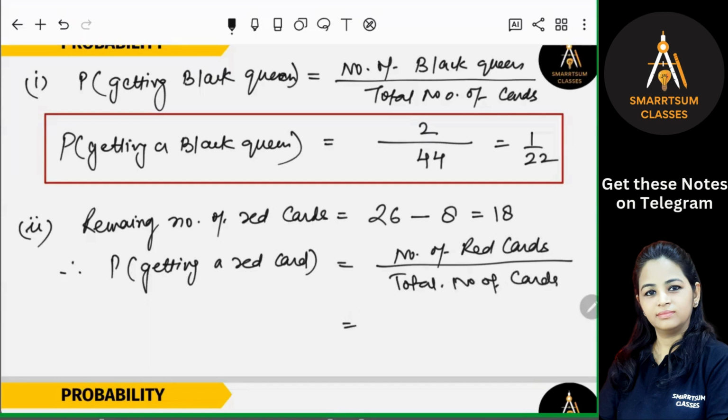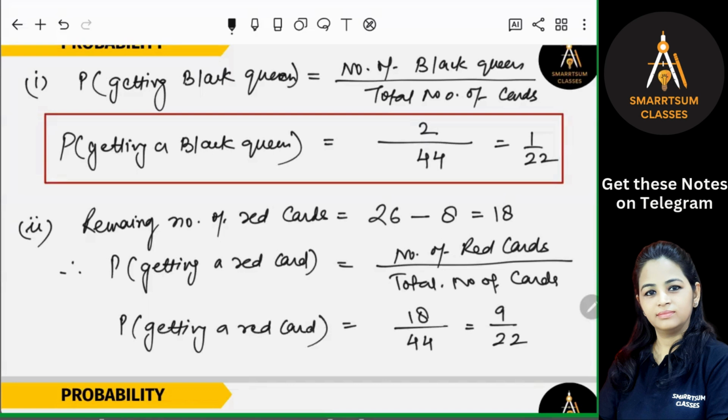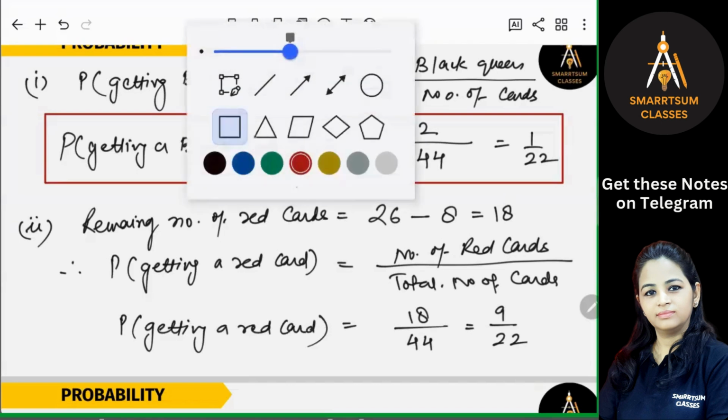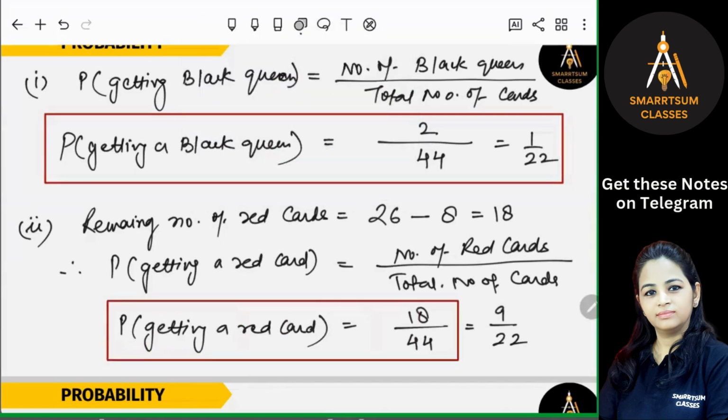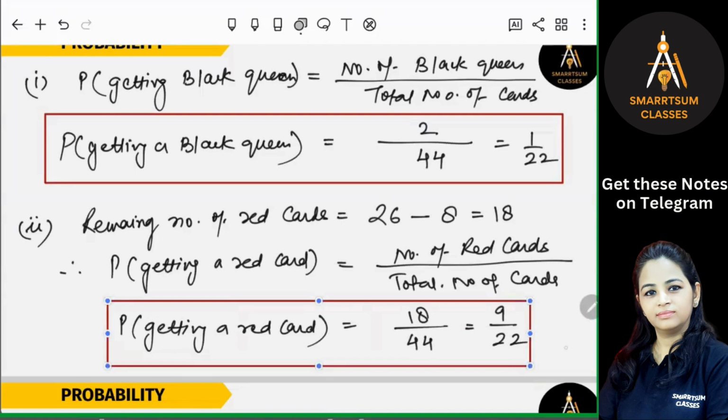So the number of red cards is 18 now, and the total number of cards in the deck is 44. So this is 18 upon 44. You can divide this by 2. So this is 9 upon 22. So the probability of getting a red card when you are drawing a card at random after removing 8 red cards from the deck of 52 cards is 9 by 22.